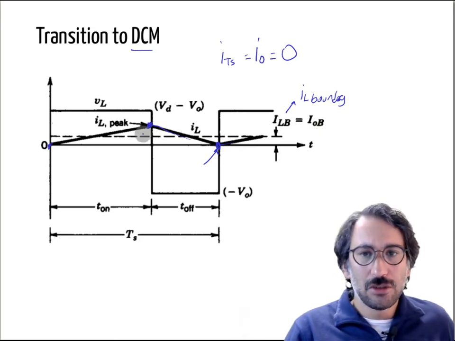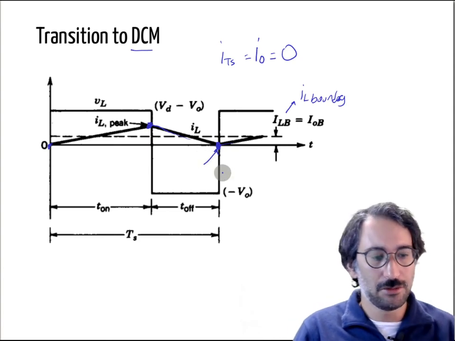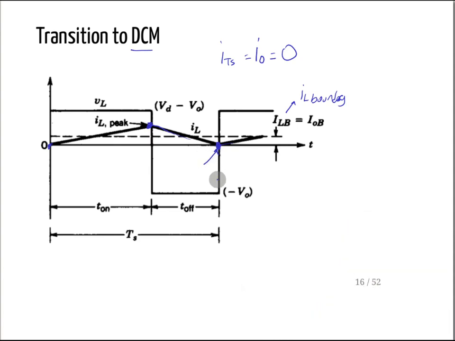Anyway, the final current is going to touch 0. Let me write that, ILB, the boundary current. Here you can see the triangular shape, and you can say the average current for that one will be half of that peak current.